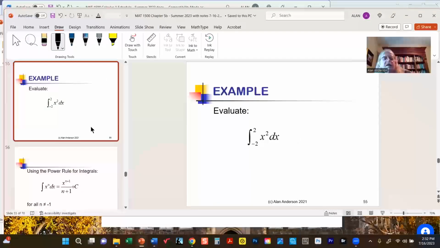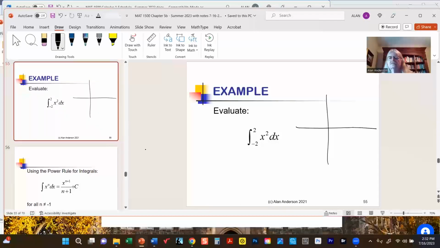So here we go. Let's look at this case. We have the integral of x squared over the interval from -2 to +2.